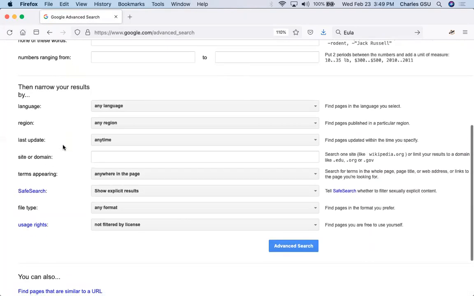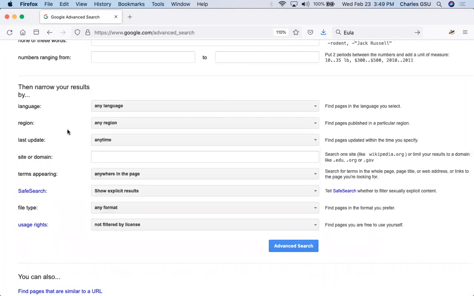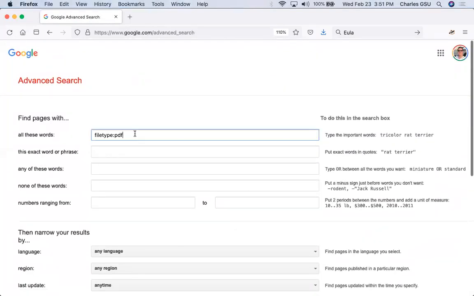Now I could do that down here in the format, right? Like I could choose that, but I happen to know the command, so I just typed it in. Because if you said, look, I want a PowerPoint document, you could look for a PowerPoint document.